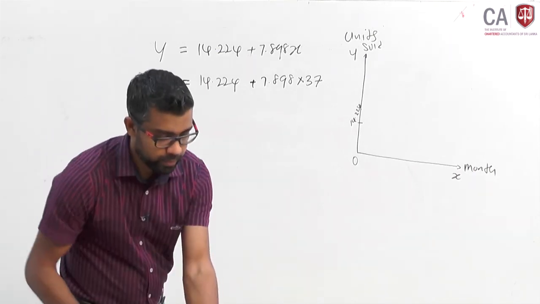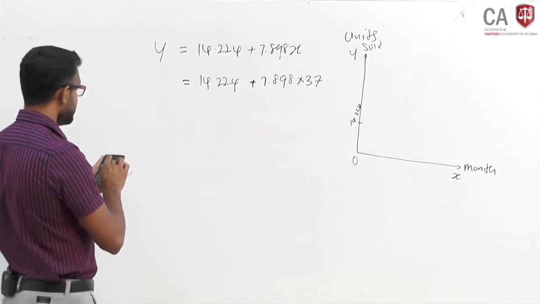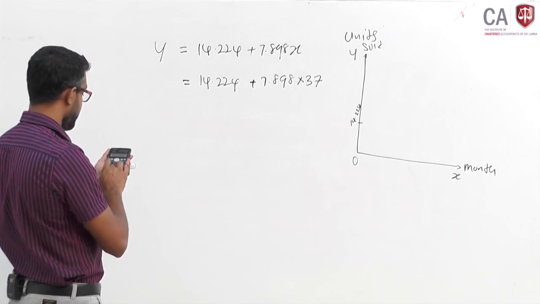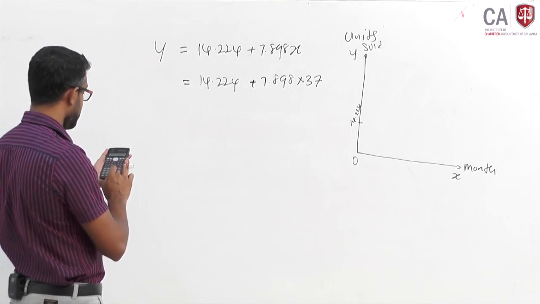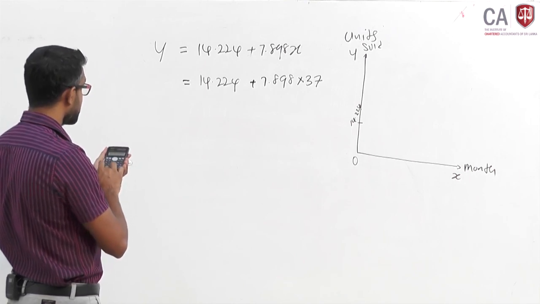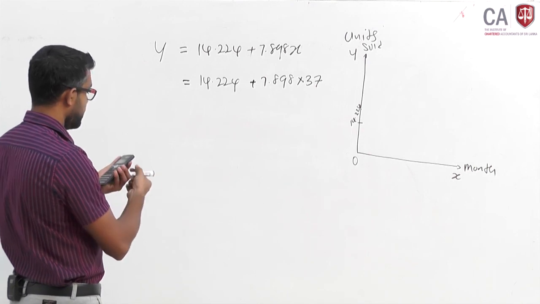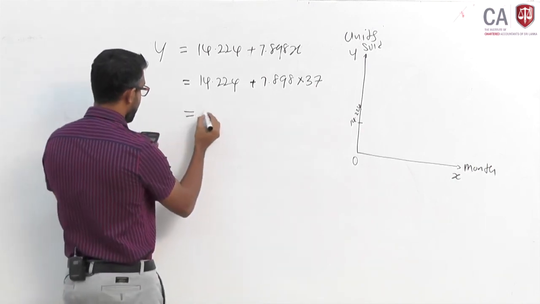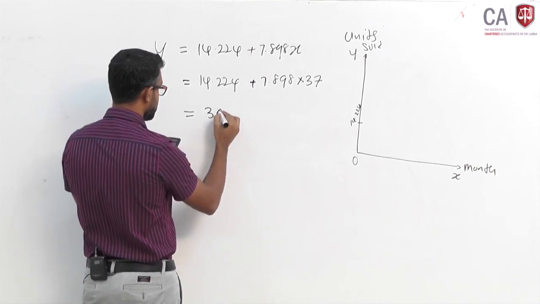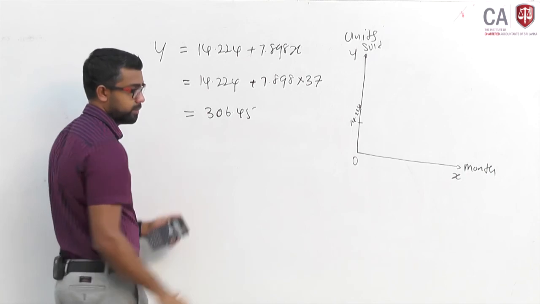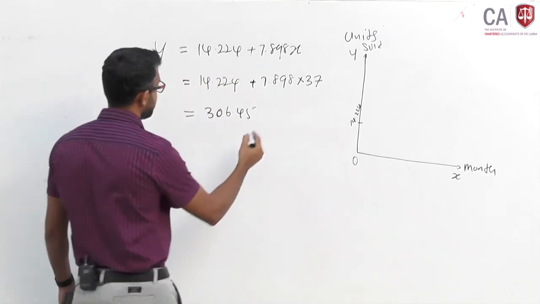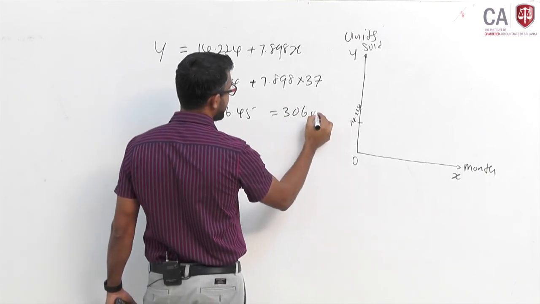If you resolve this, 7.898 into 37 plus 14.224 equals 306.45, right? Which means basically, let's say 306 units.